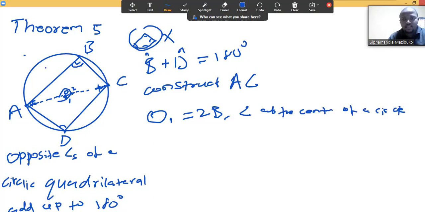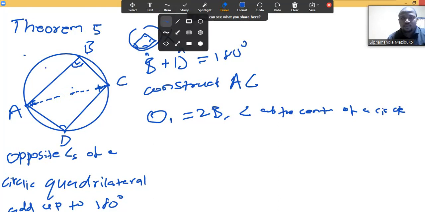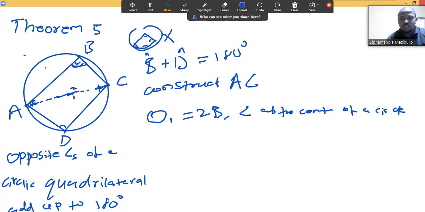Now, looking at our center O, with O2 and O1, we look at the opposite side, meaning this angle here and this angle here.